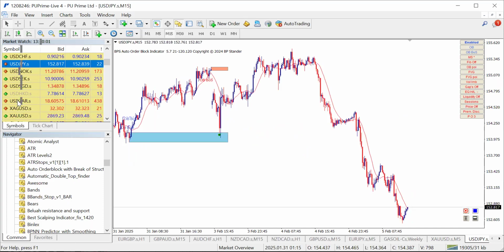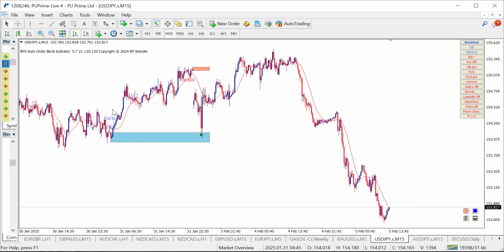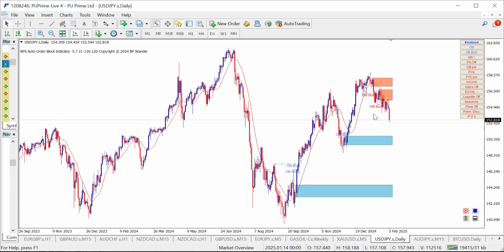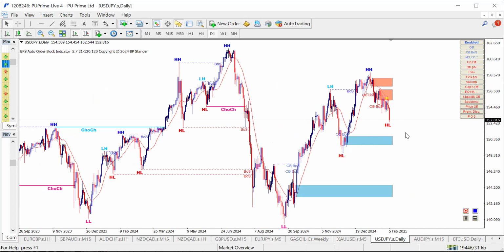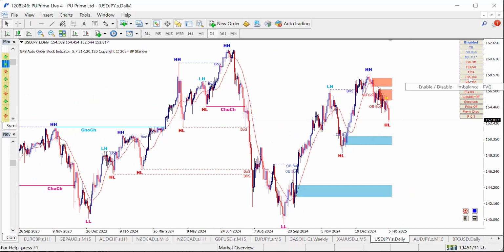It's still the same thing because the market is still showing we are currently in a retracement phase. So we just need to wait for the market. We are heading towards this low, that's the area we are heading towards.